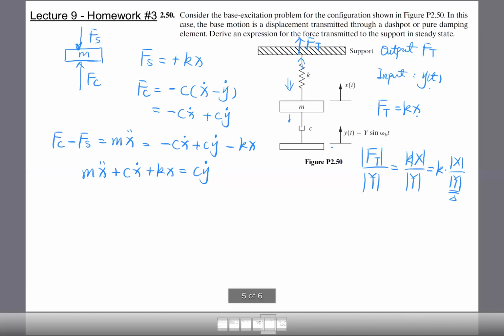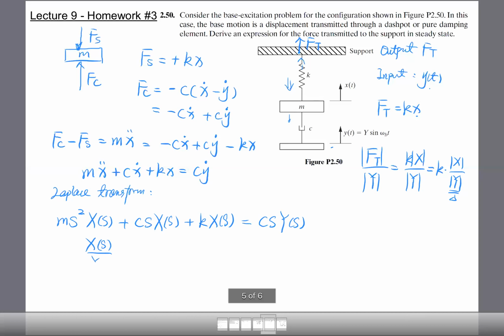So easily we can apply the Laplace transform. So m x double dot becomes s squared m X(s), plus c s X(s), plus k X(s), and on the other side is c s Y(s). Again, move things around. We have X(s) over Y(s) equals cs over ms squared plus cs plus k.